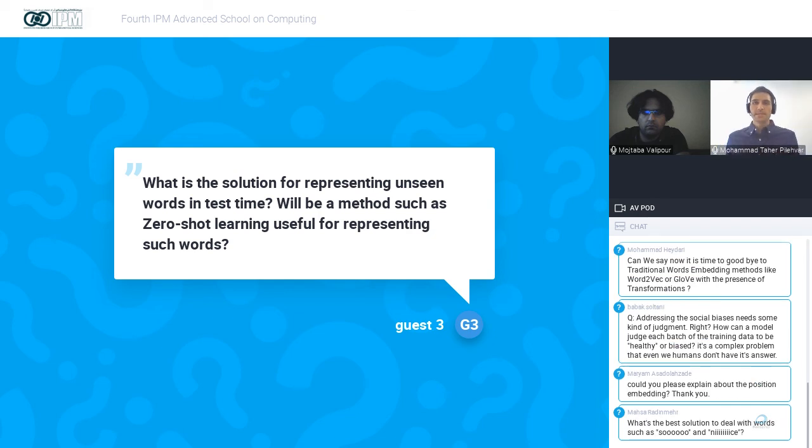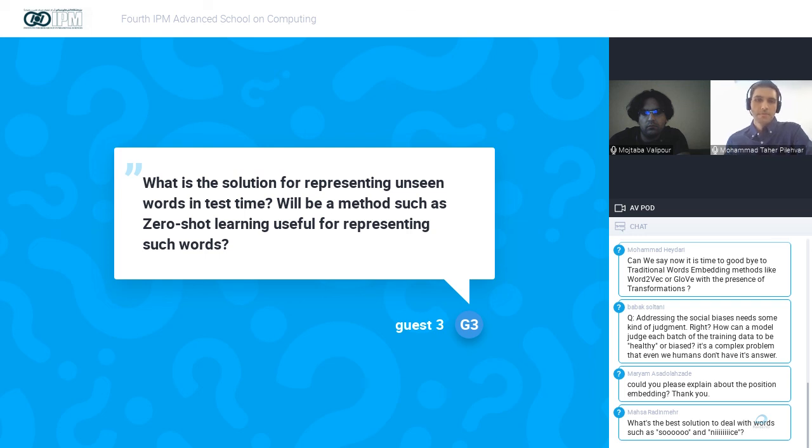And it's less of a problem here because any new word can be split into some existing subtokens, and we can cover that by just aggregating the embeddings we have for those subtokens.